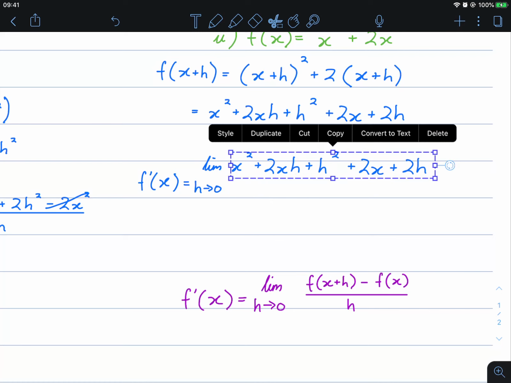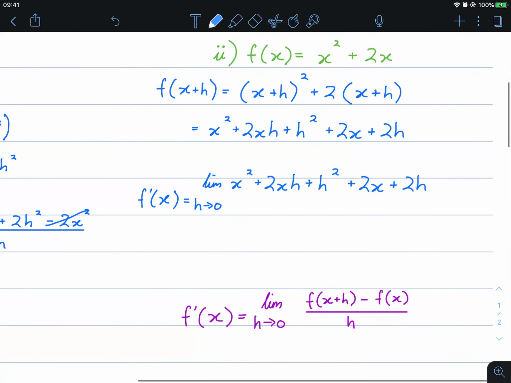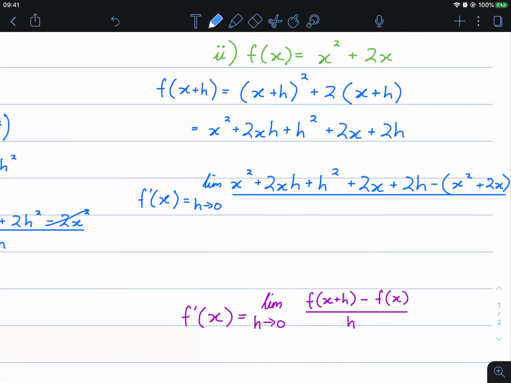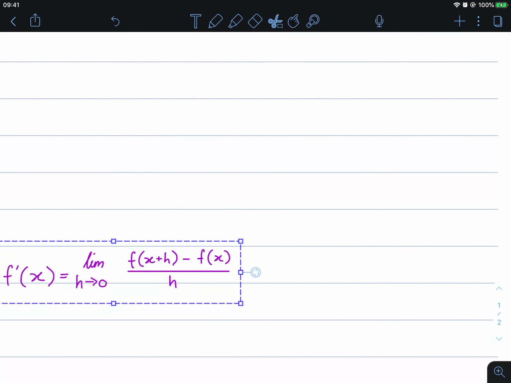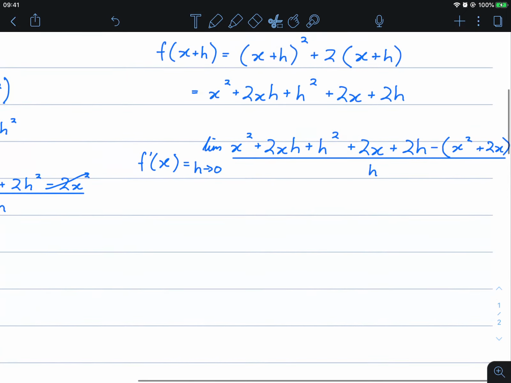We need that. And all of this, we're going to minus f of x. So bracket, f of x is this expression. That's x squared plus 2x. And this is all over h. Let's move this out of the way now. The rest is just going to be algebra.